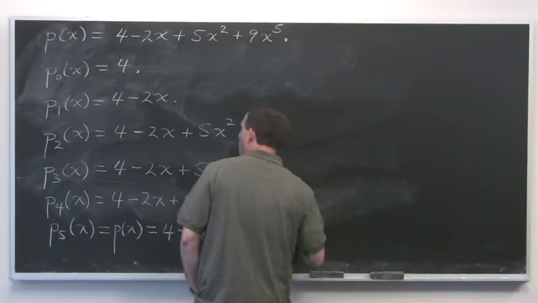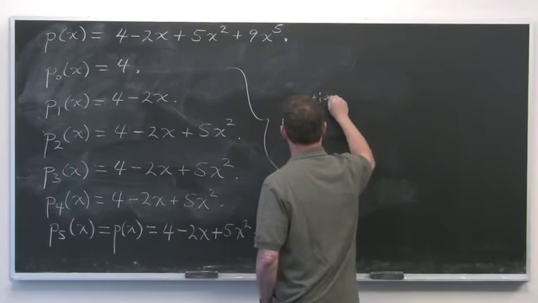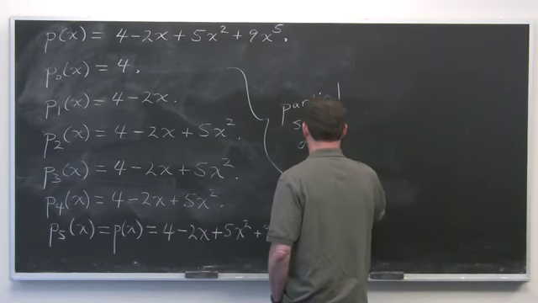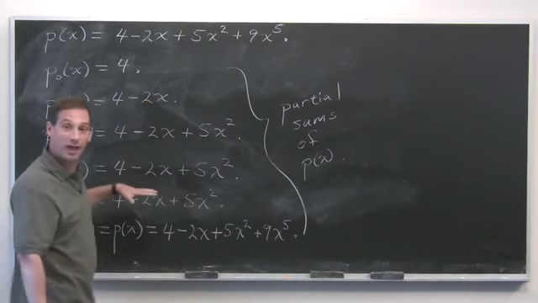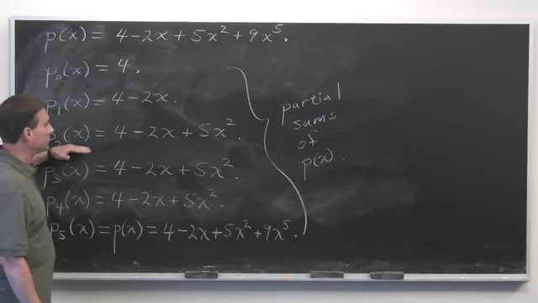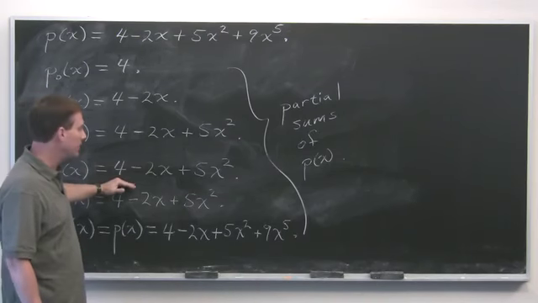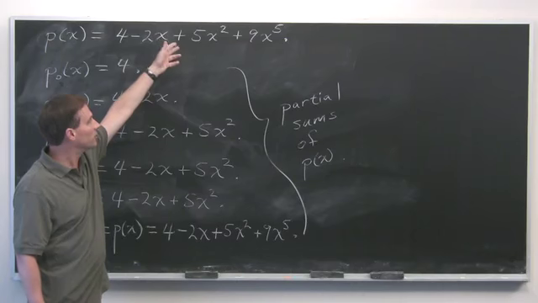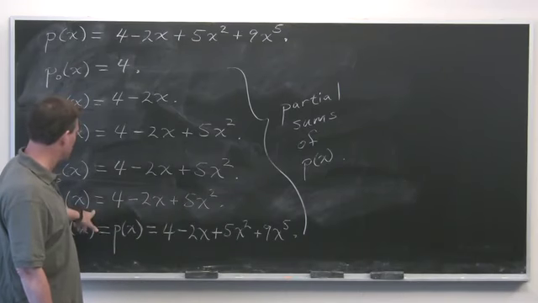We call these partial sums of p of x. And we can't say degree. What we'd like to say is this is the second degree partial sum, and this is the degree 1 partial sum, and the degree 0 partial sum, except P sub 3 isn't a degree 3 polynomial, because the x cubed term has a 0 for a coefficient, and this also isn't a 4th degree polynomial.